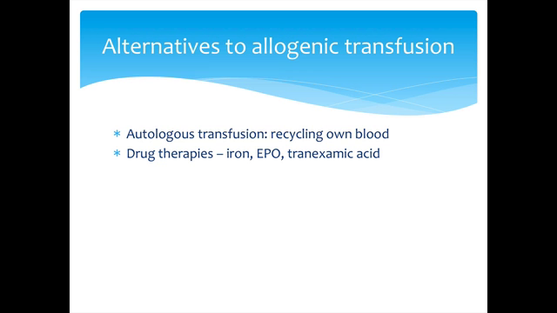Other alternatives to transfusions, such as in chronic anemia, are iron therapy, and that can be given orally, or if the patient can't tolerate that with the constipation and the taste, that can be given parenterally as well. And you can also, or alternatively, give the patient erythropoietin. And also tranexamic acid is used quite commonly.